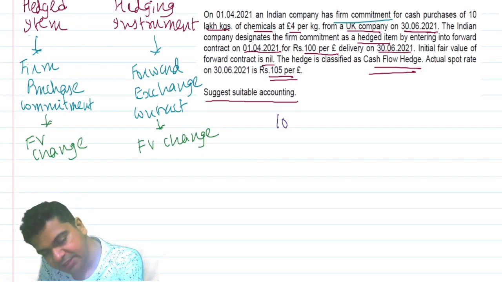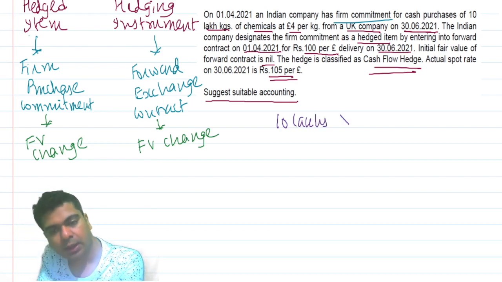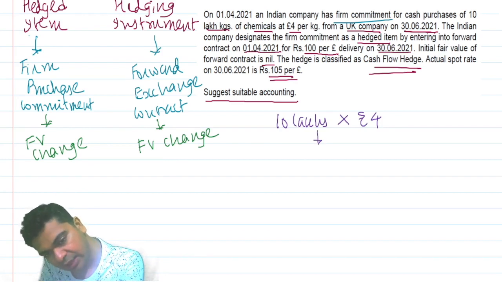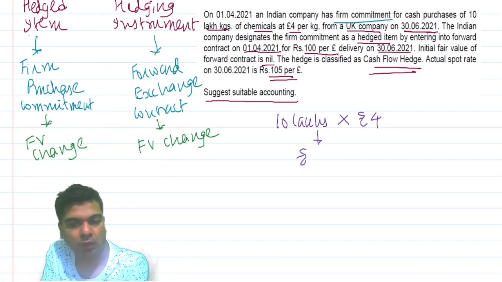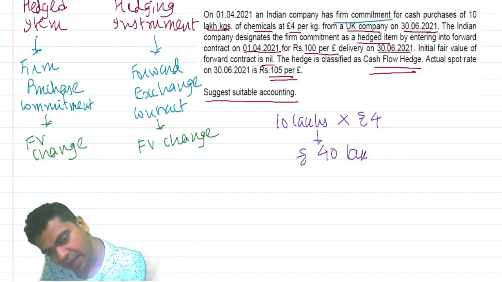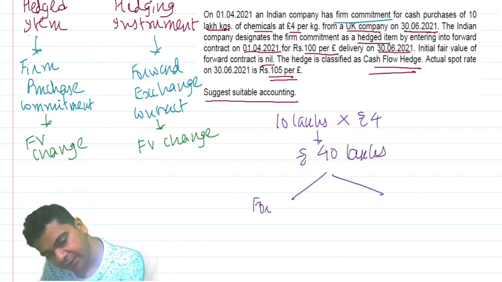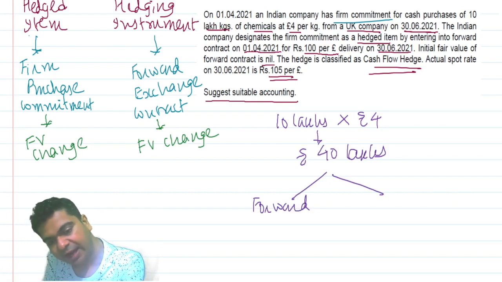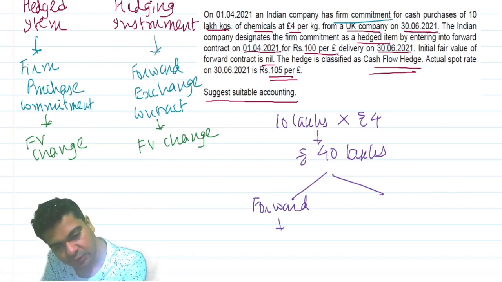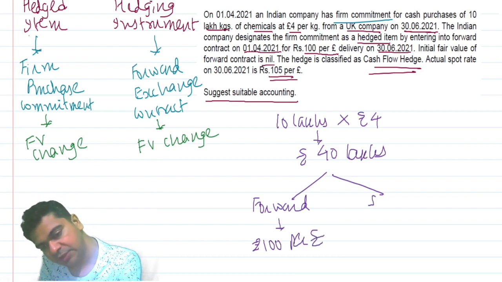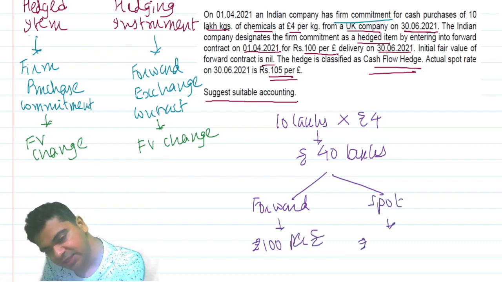your quantity is 10 lakhs and the price in the foreign currency per kg is £4. So this will turn out to be £40 lakhs, isn't it? Now, our forward rate is ₹100 per pound, while the spot rate on that date is turning out to be ₹105 per pound.